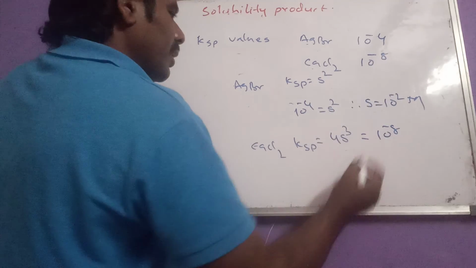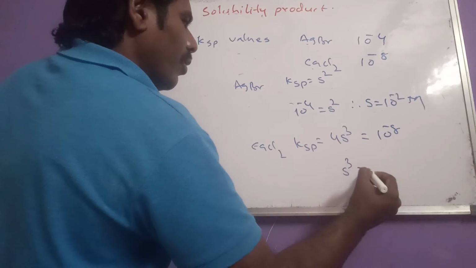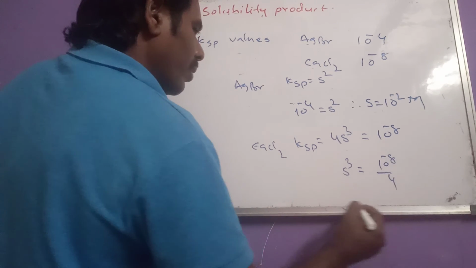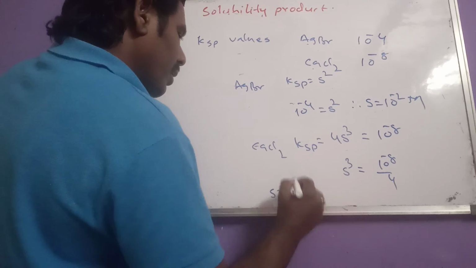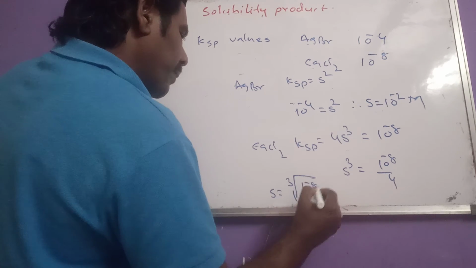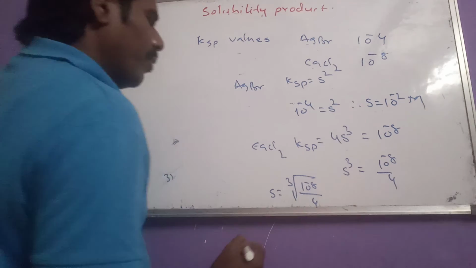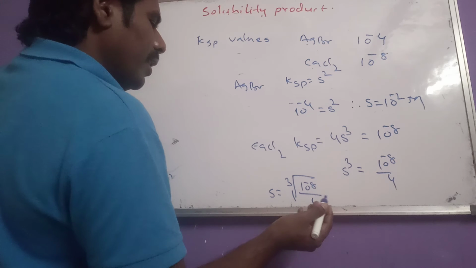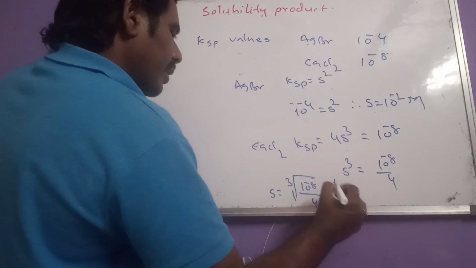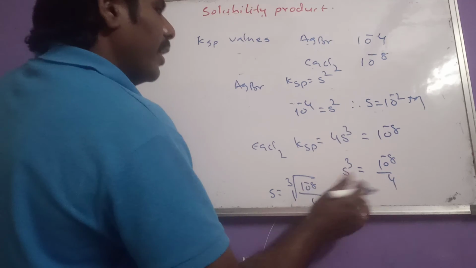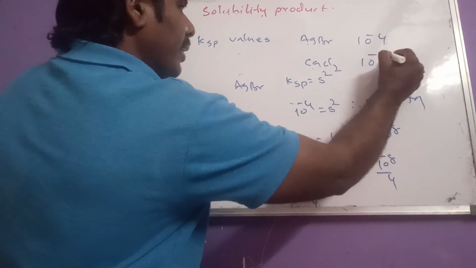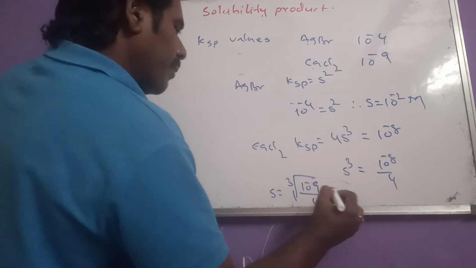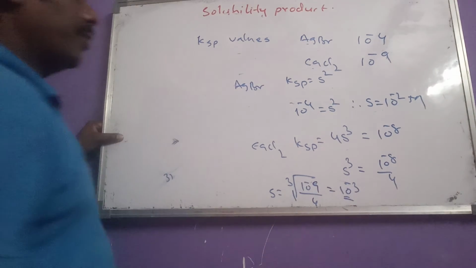Therefore s cube equals 10 power minus 8 by 4, and s equals cube root of 10 power minus 8 by 4. If you consider this as 10 power minus 9, we can get the answer easily: cube root of 10 power minus 9 gives 10 power minus 3.